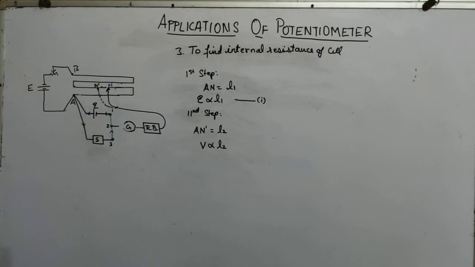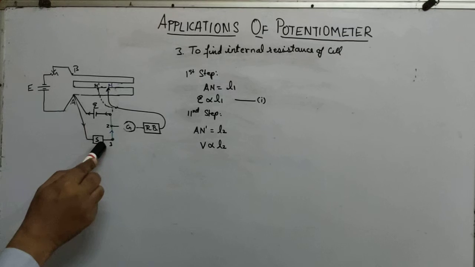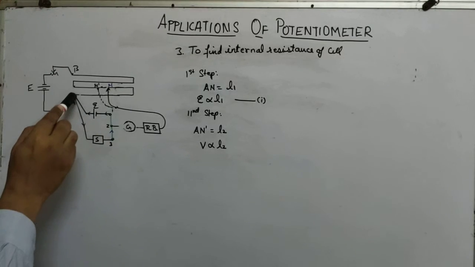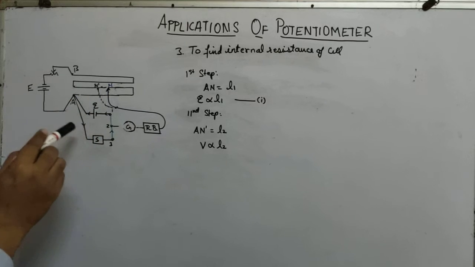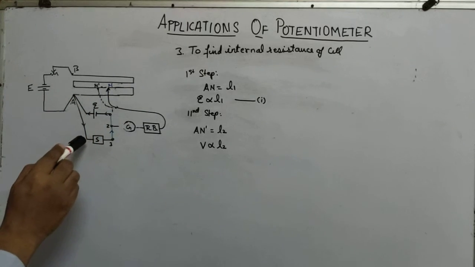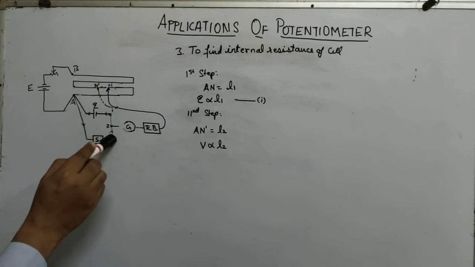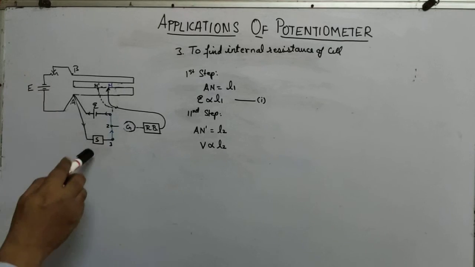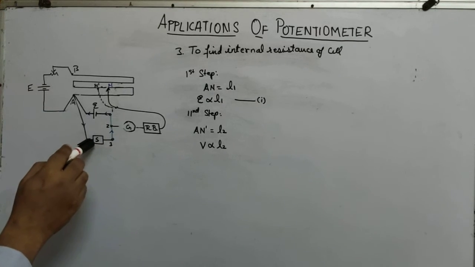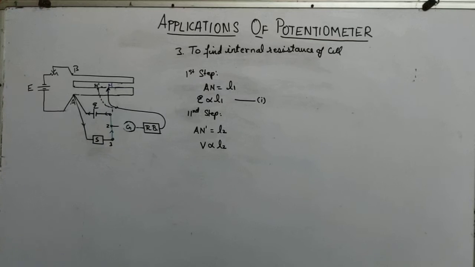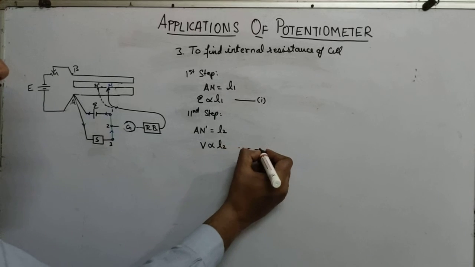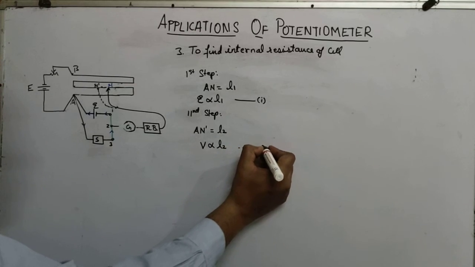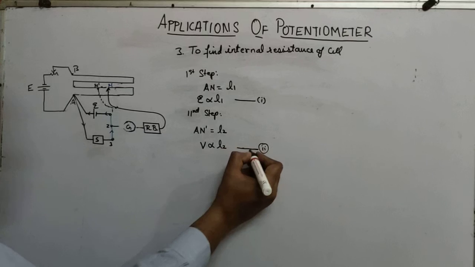Since the current is flowing in this circuit, the potential difference AN dash will be equal to the potential difference across this resistor S. And when the current is flowing through the external resistor S, the potential difference across S will be equal to the terminal potential, which we represent by V. So here we get the second expression, where V is directly proportional to L2.